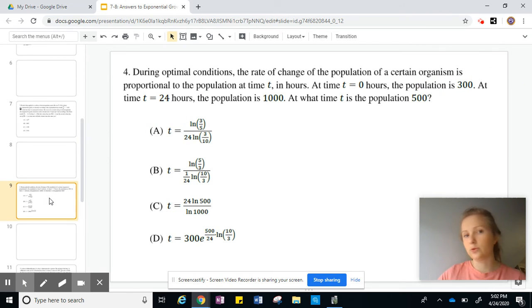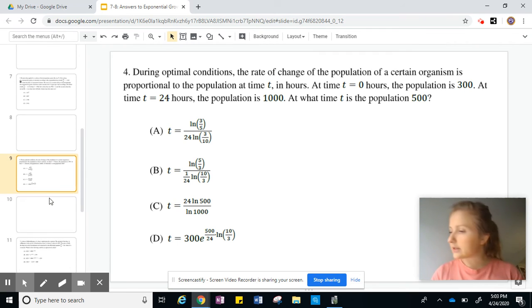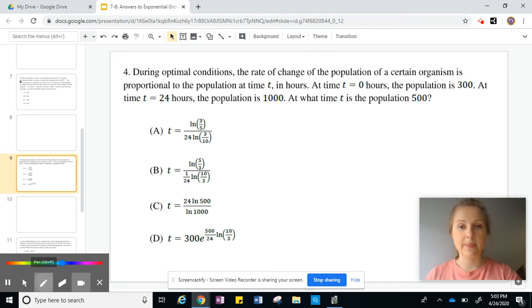All right, and we move on to number 4. So number 4 has a lot of work involved with it. During optimal conditions, the rate of change of the population of a certain organism is proportional to the population at time t in hours. Okay, let's see.